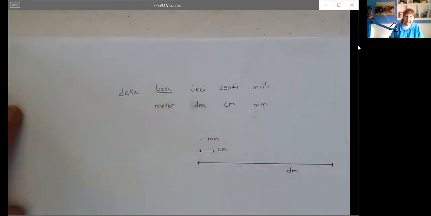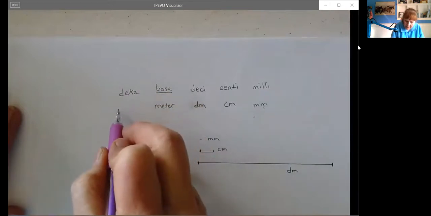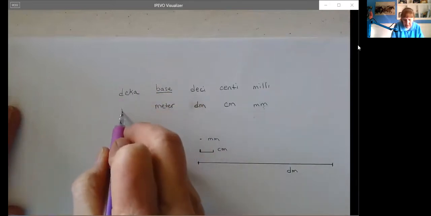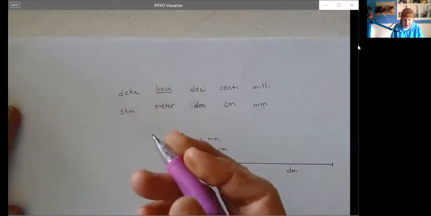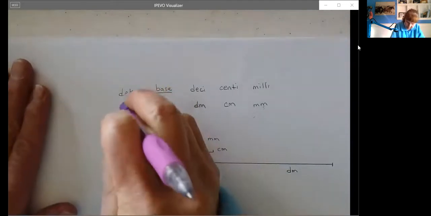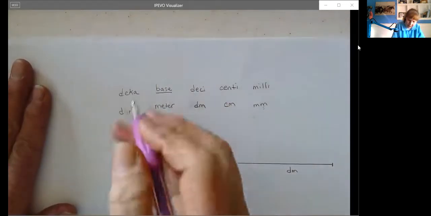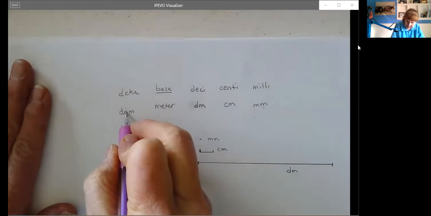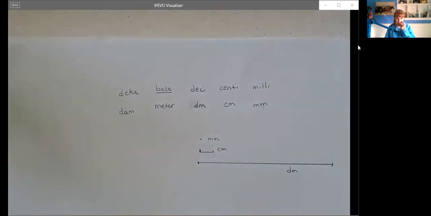The deca, or the decameter, they usually use like a DK or a DA. It all depends on your book. I just looked at the book and it's going to use a DA for decameter.